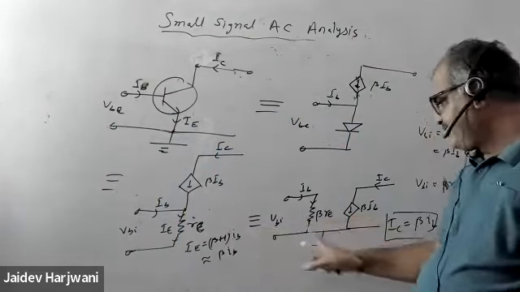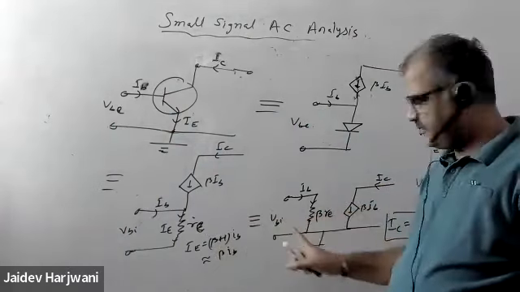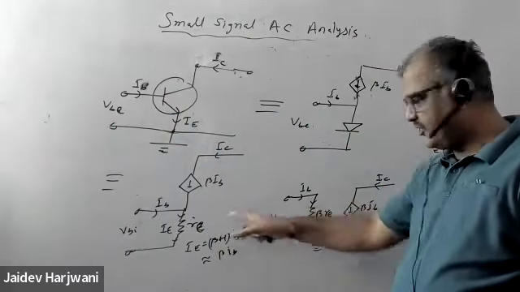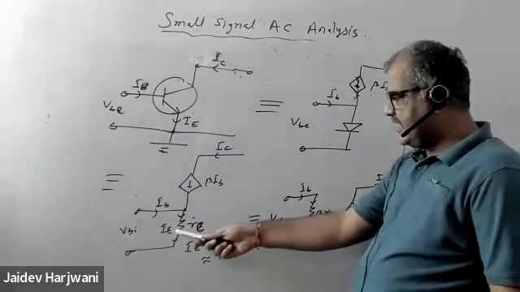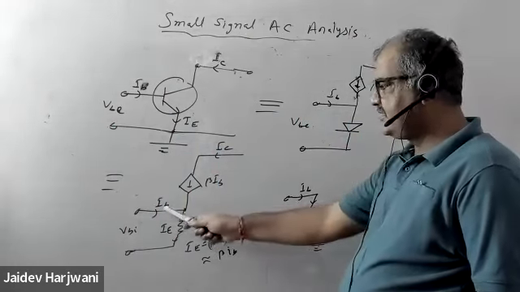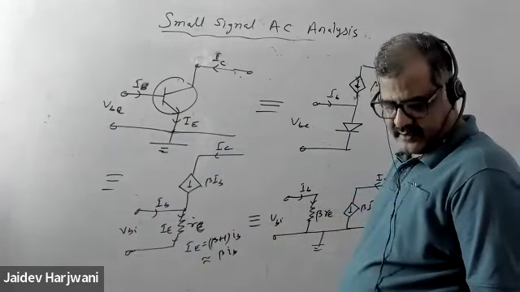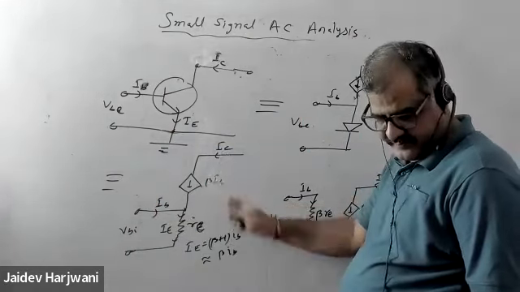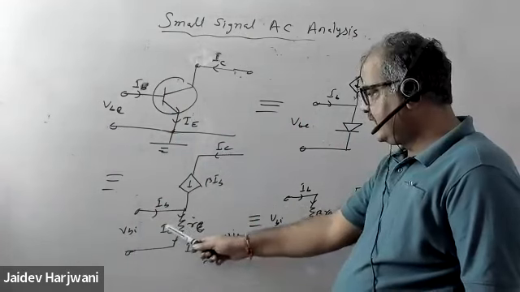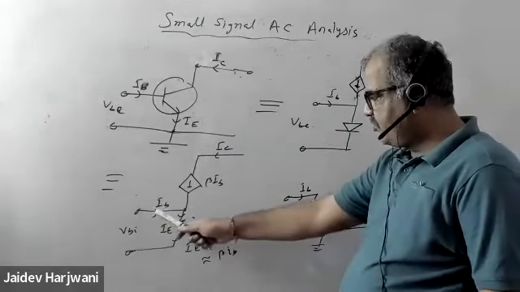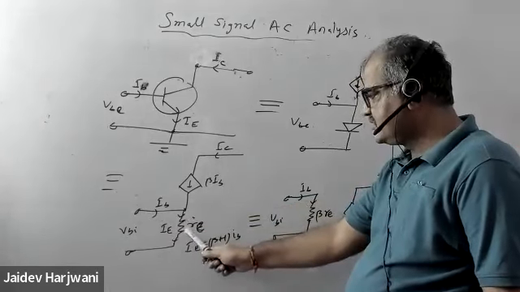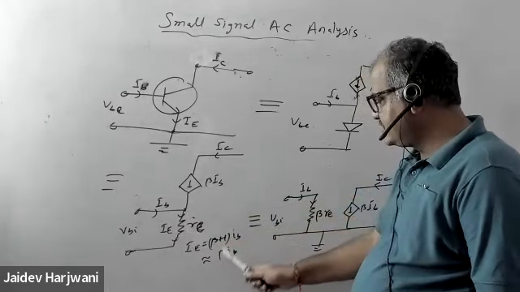Is this point clear? Anyone in doubt how I'm coming from here to here? This current IE is what? This combination of IC and IB. So I have just replaced this IE by beta plus 1 IB, beta IB. Now I want just to flow this current IB in this resistance, so I have multiplied this RE by beta.